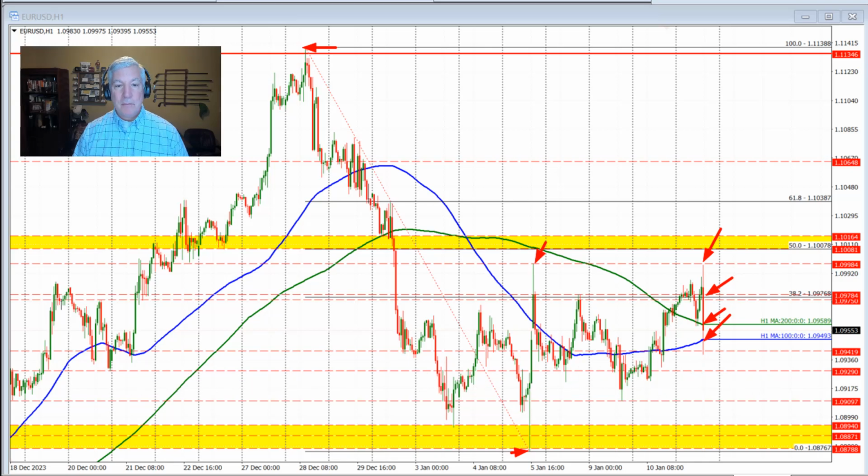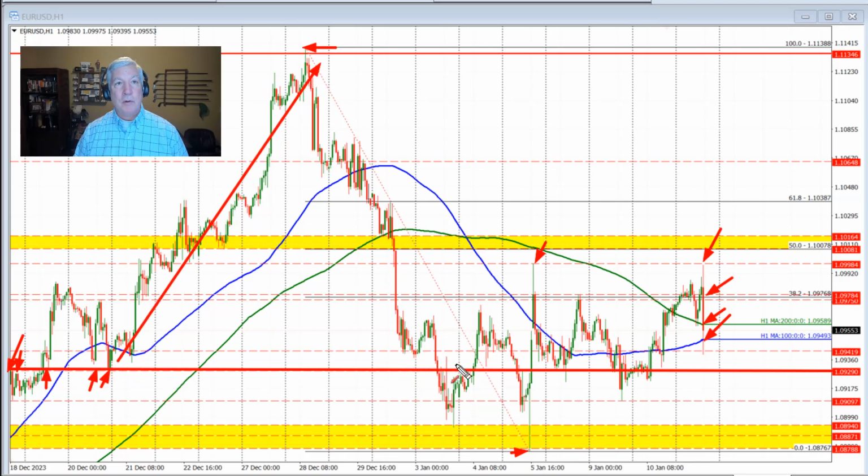That level, recall, goes back to this area right through here. Back here is what I'm talking about, where we had different swing highs here, and then we created this floor here before moving to the upside, and we rotated back to the downside.